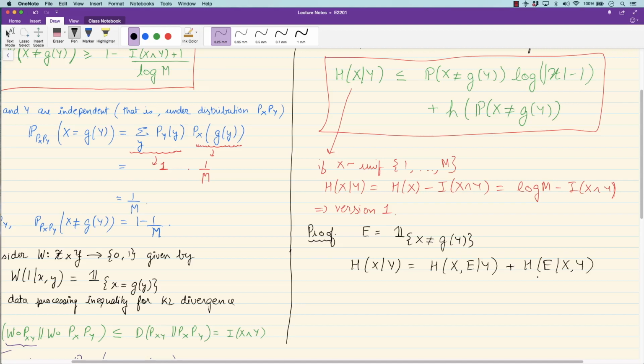But e is a function of x and y, and therefore once you know x and y, you know whether error occurs or not. So this term is just 0. So H(X|Y) is just this. We'll expand it in a different order: H(E|Y) plus H(X|E, Y).